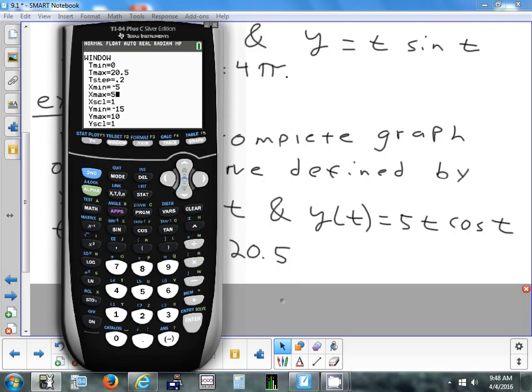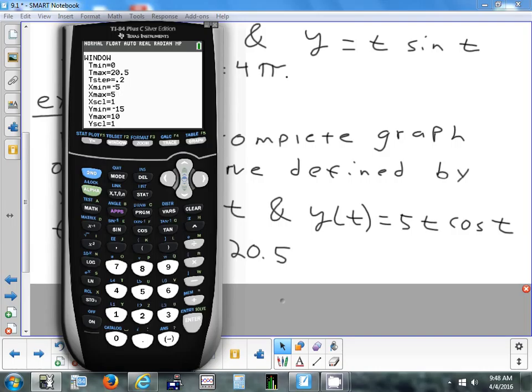What's the highest cosine goes? Not 0.5, not for cosine. 1. Sine and cosine are the same picture, just a phase shift of each other. Okay, so cosine hits 1. What's 1 times 5? And what's the highest t can go?